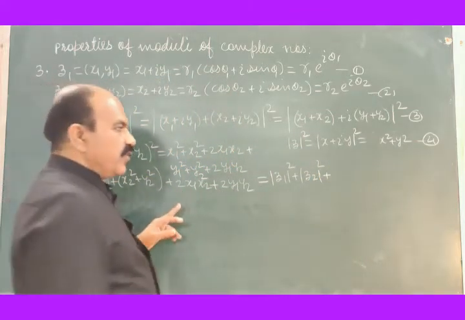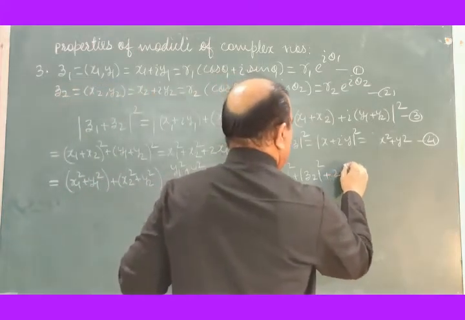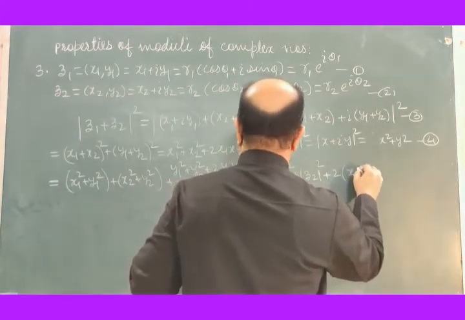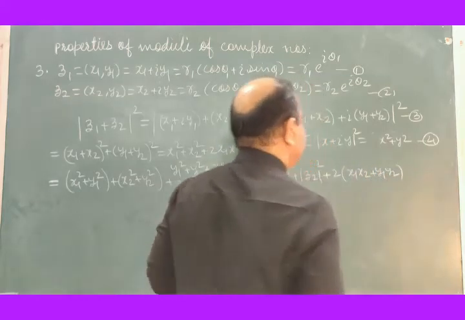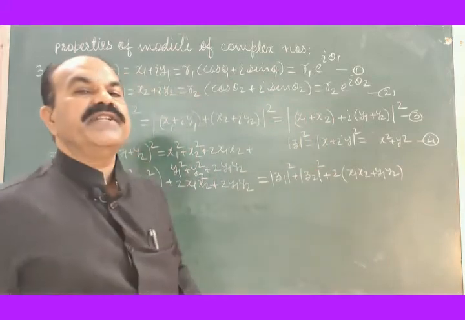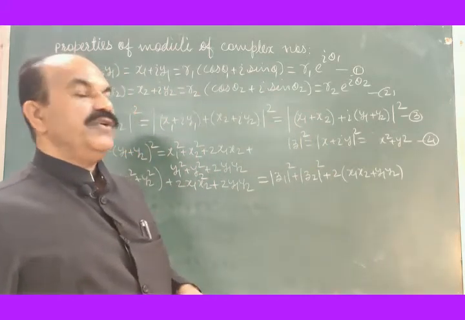Two can be taken common, and what is left is x1 x2 plus y1 y2.